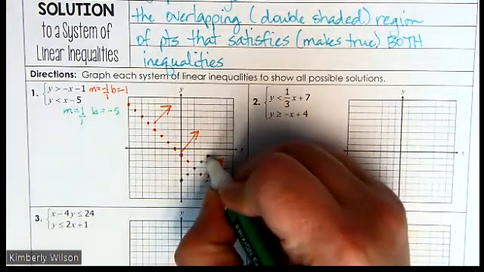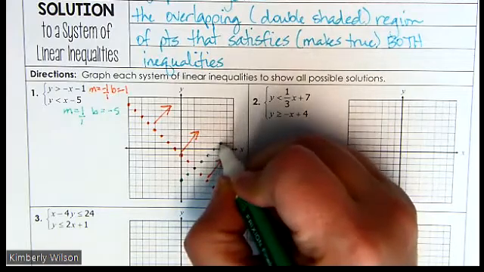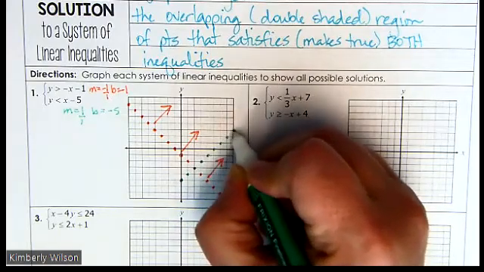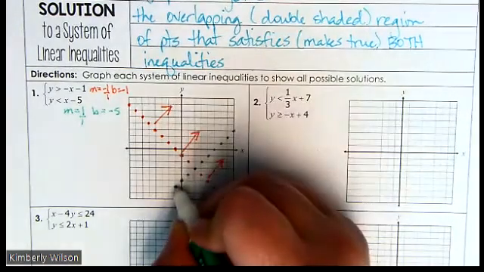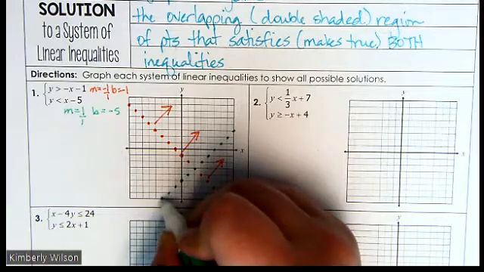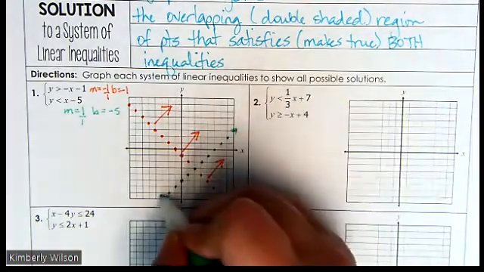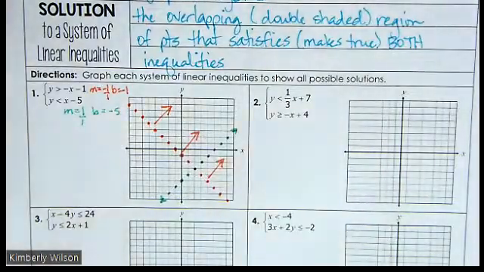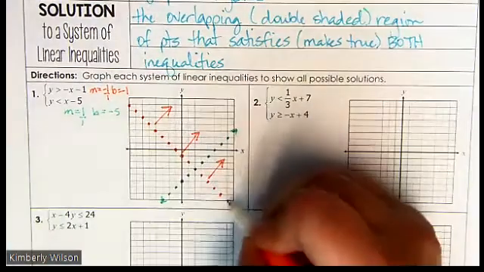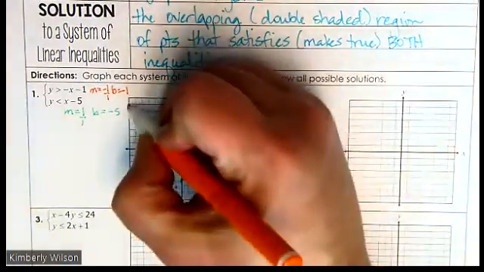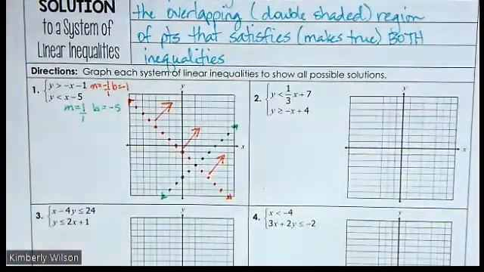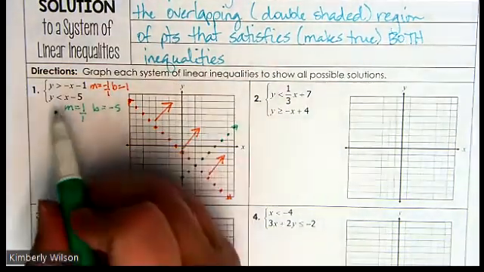But this is inequalities. So therefore, there's not one solution. There's multiple solutions to this. And yes, you continue your pattern all the way through. I should have put arrows on the end of the orange line because these are lines. Okay, so now it says less than.